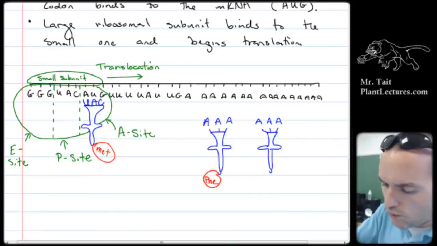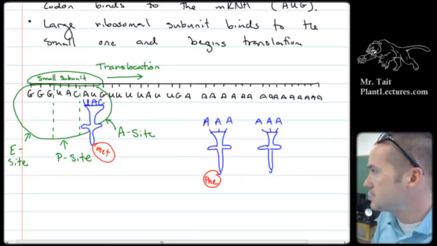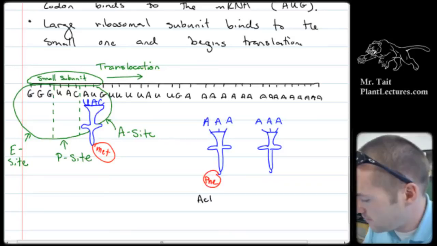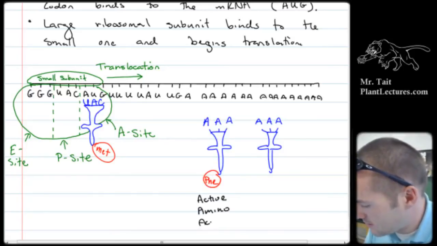Because this particular tRNA is bound to a phenylalanine, we say that it's activated. It's an active form of tRNA, and specifically, since it's activated by an amino acid, we call it an active amino acid.